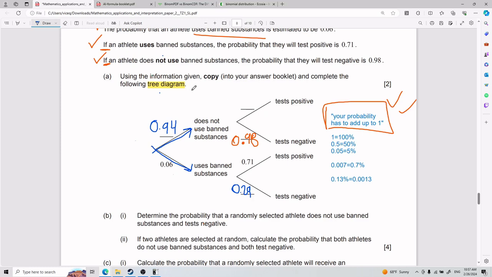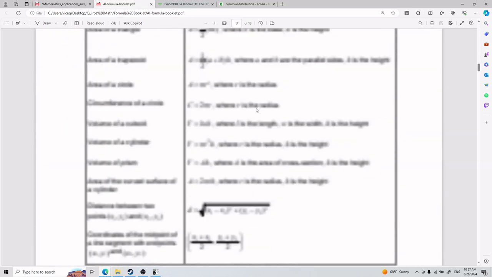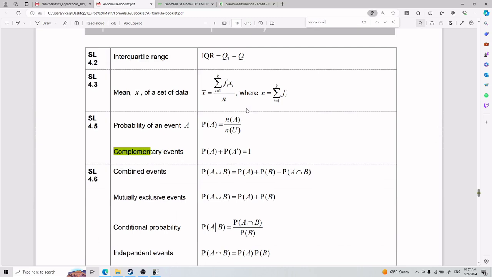And the reason this happens, which is actually in your formula booklet, is this thing called complementary events, okay? What this means is that you either go to them all or you don't. You either flip a coin and get heads or you get tails. There's only two scenarios, you know? And so those 2 scenarios added up together add up to 100.